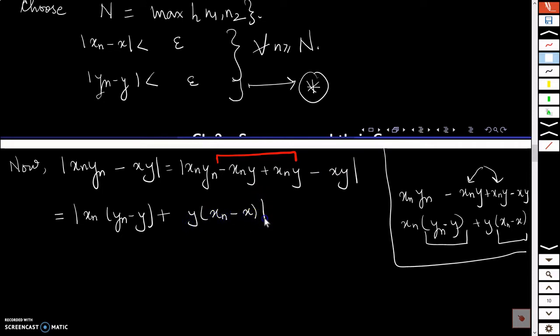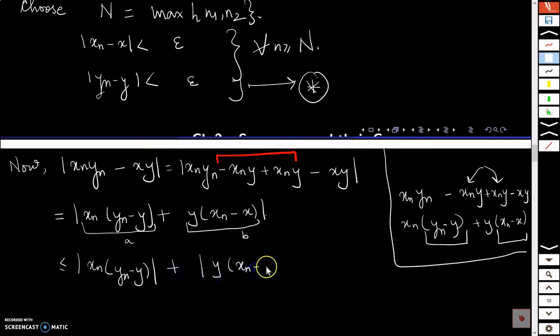Now again, if you consider this as a and this as b, it is of the form mod a plus b, and by triangle inequality this is less than or equal to mod a, that is modulus of xn into yn minus y, plus mod b, that is modulus of y into xn minus x, right? This is by triangle inequality.